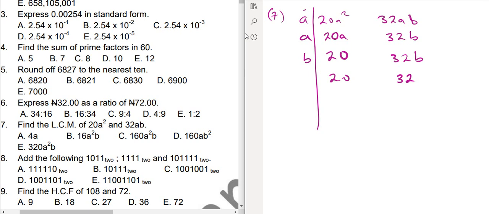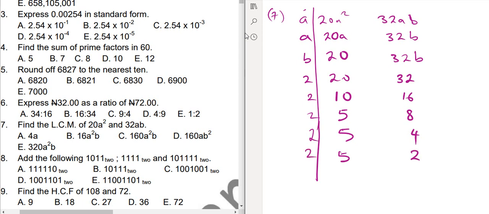Now use the numbers. We'll go with 2: 10 and 16. Then 2 again: 5 and 8. Then 2 again: 5 and 4. Then 2 again: 5 and 2. Then 2 again: 5 and 1. Then 5: 1 and 1.